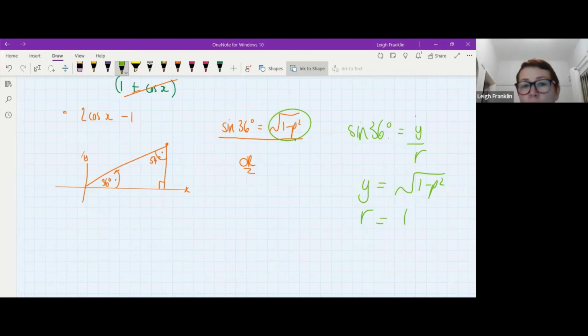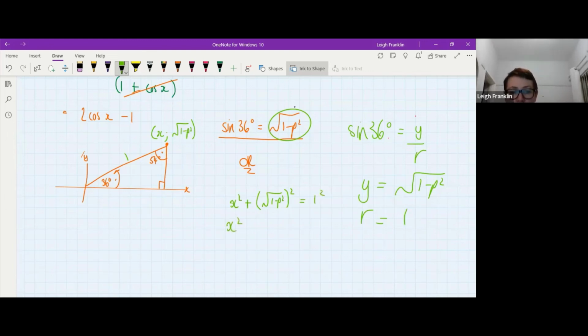So in other words, we do not know what the x coordinate is at the end of the terminal arm, but they have given us the y coordinate, and we know that the length of the terminal arm is 1. So our other alternative here is to use the theorem of Pythagoras. That would leave us with x squared plus root 1 minus p squared, squared, equals 1 squared.